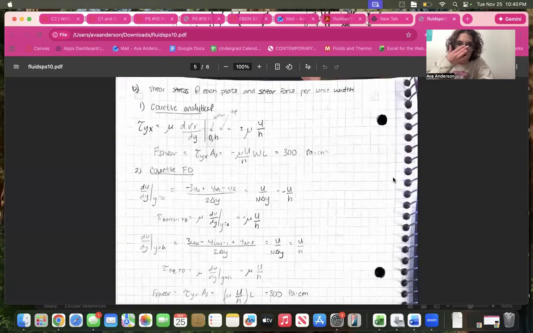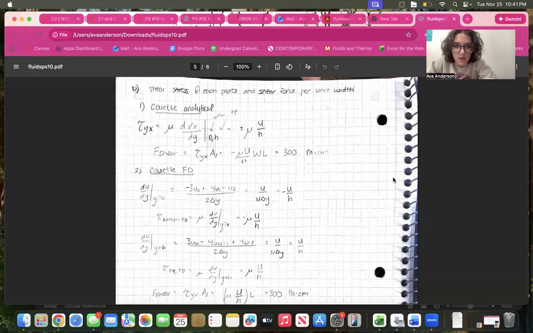And once you have those, you can calculate the shear stress at each plate and the shear force per unit width for all of them. And so basically, shear force is tau multiplied by the cross-sectional area. You can solve for tau by multiplying mu by dvx/dy over the boundary conditions you're looking at.